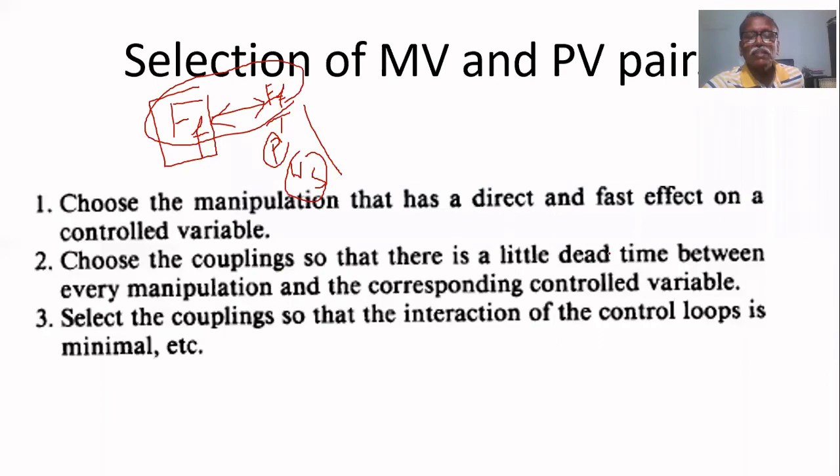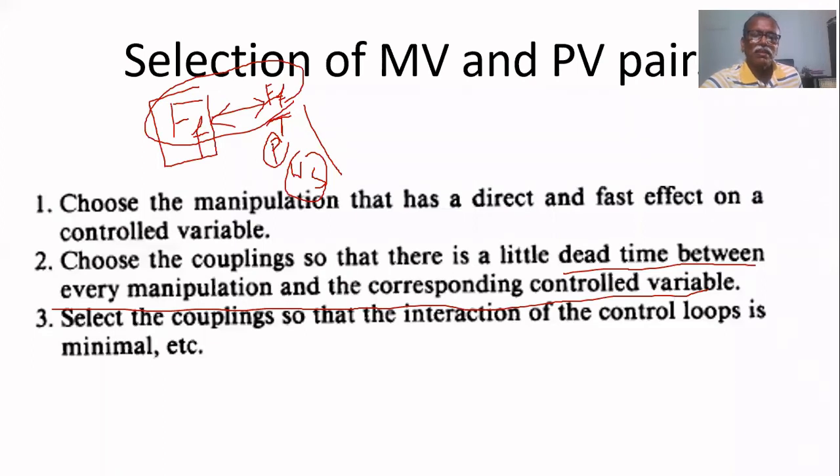Choose the coupling so that there is little dead time between every manipulated variable and the corresponding controlled output. Suppose you know that the dead time between FF and FF is nothing. But if you are using T and F, then there is a dead time.